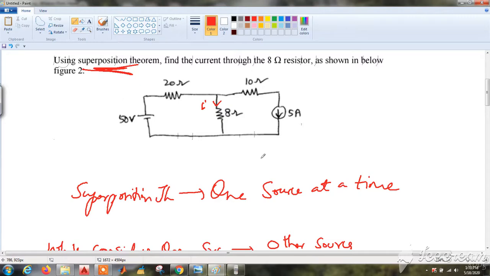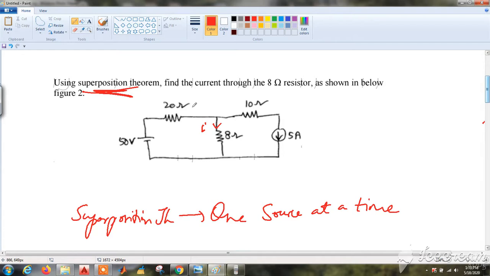In this given circuit we have two sources: a 50 volt source and a 5 ampere current source. So while considering the 50 volt source, we have to open circuit the 5 ampere current source, and while considering the 5 ampere current source, we have to short circuit the 50 volt voltage source.